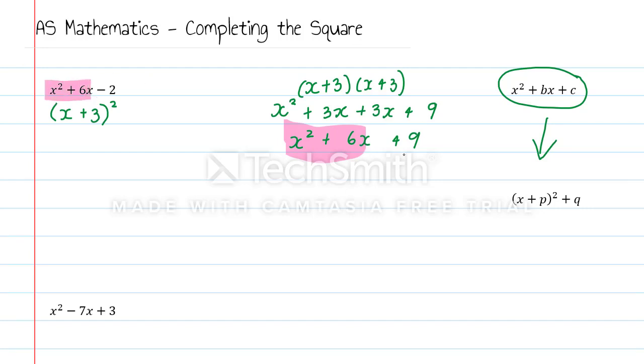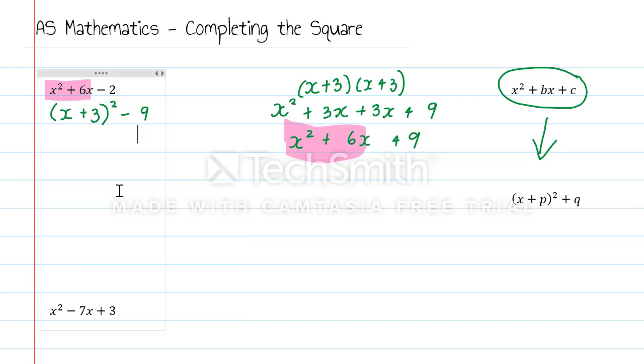But we didn't want plus 9, we wanted minus 2, so that becomes the next thing that we need to work out. So we don't want the 9, so we're going to be subtracting 9. In practice, all I need you to remember is that you're going to subtract 3 squared. Whatever that number is, you're going to subtract it squared, which is minus 9, which helps negate what was going on here.